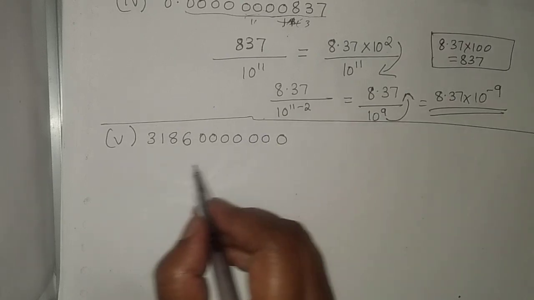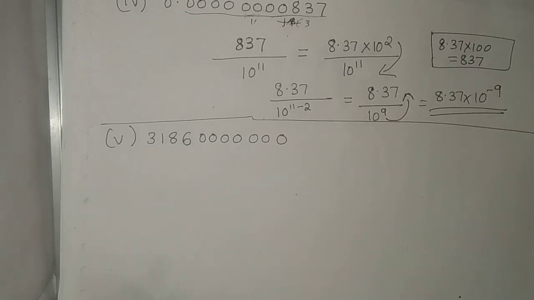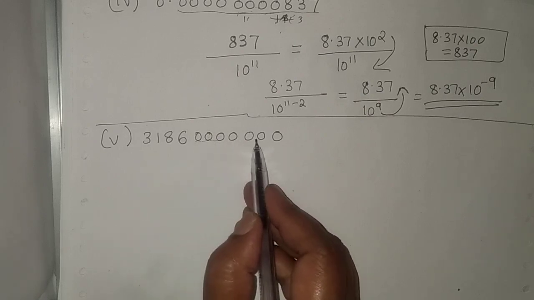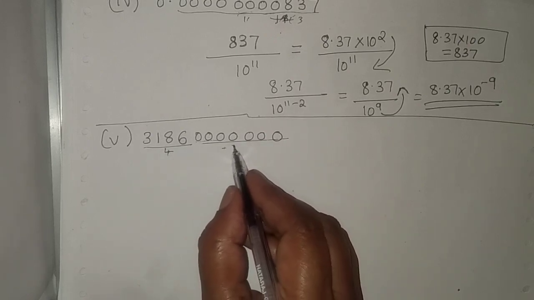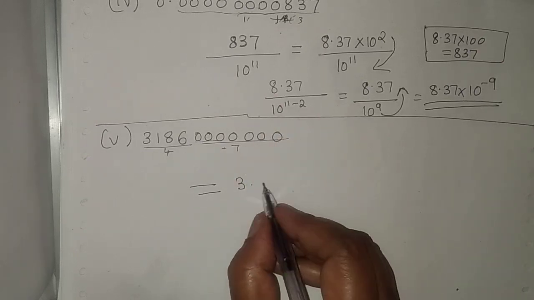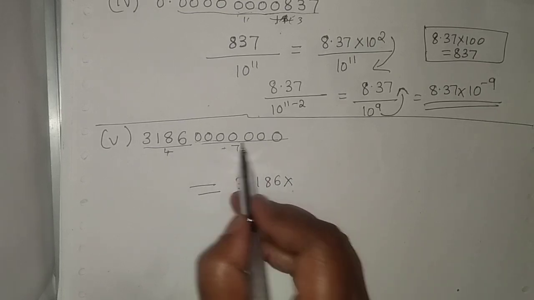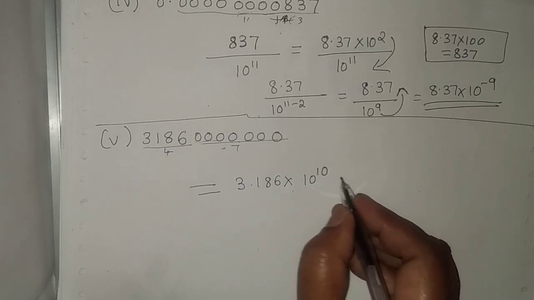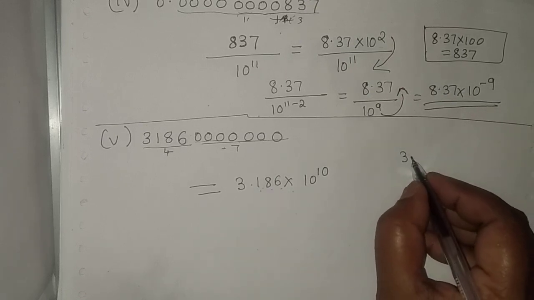Next is the last problem. They are given 3186 followed by how many zeros? 1 2 3 4 5 6 7. These are 4 numbers plus 7 zeros. Directly we can write it as 3 point, as we wrote in the third problem, that is 3.186 into 10 power 10, that is 7 zeros plus these 3 zeros. So 3186, we are including 3 zeros.